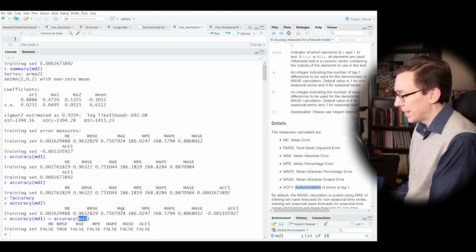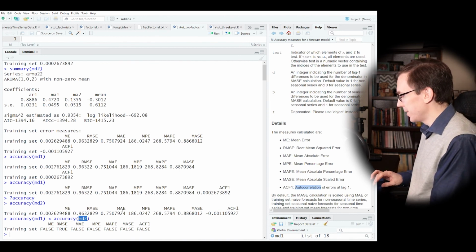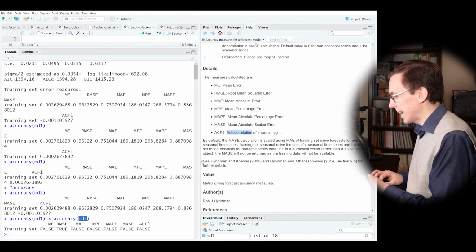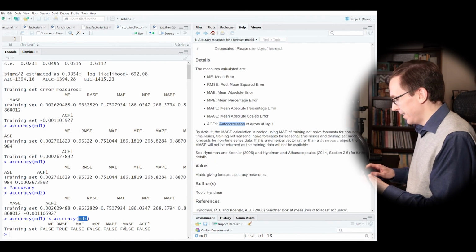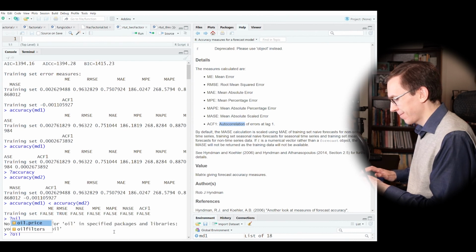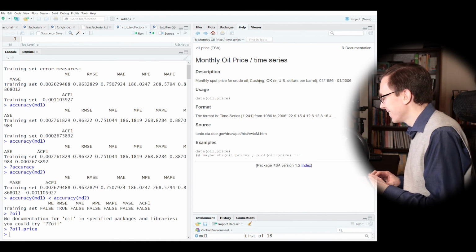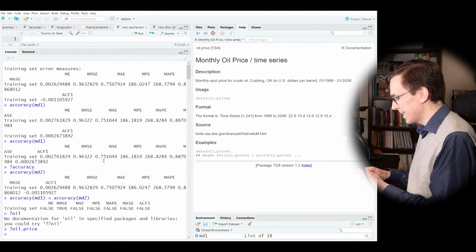All right, so given all of that, maybe we should look at some real data. As I was going to start this section of the lecture, there is an oil price data set.